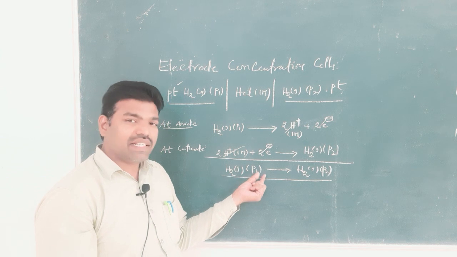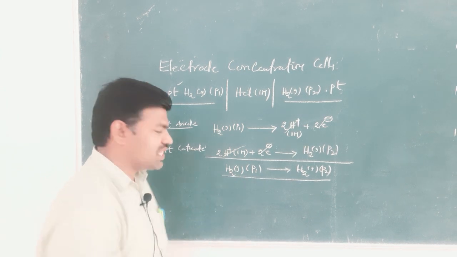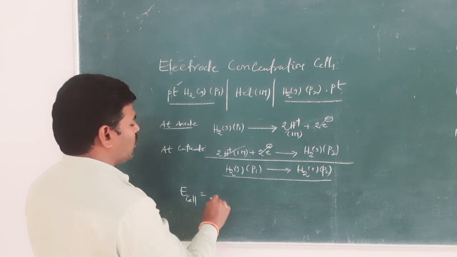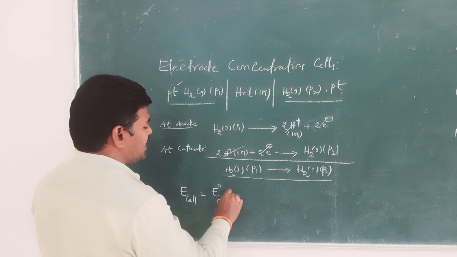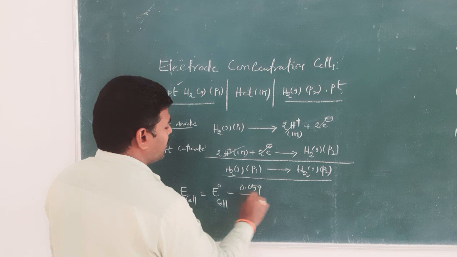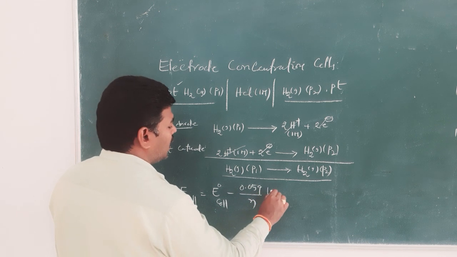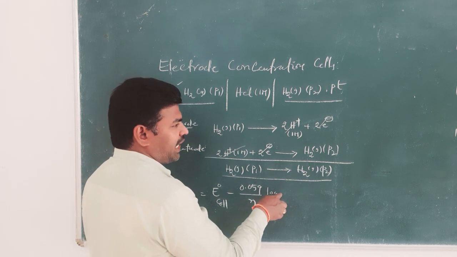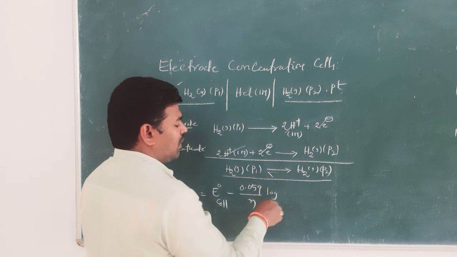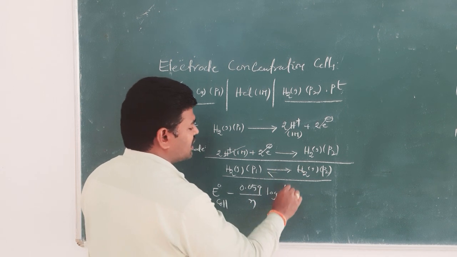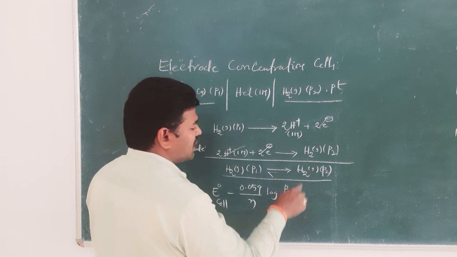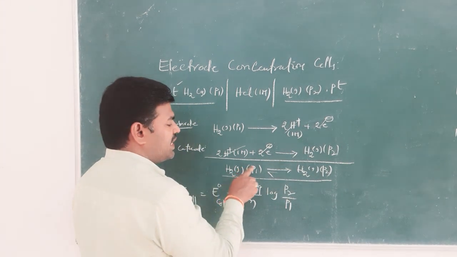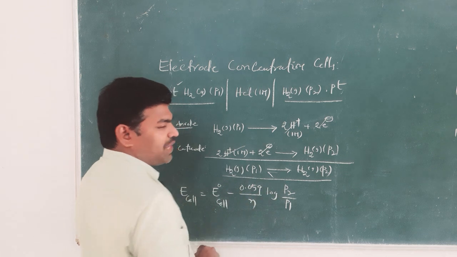So, E cell is equal to E naught cell minus 0.059 by n log K, where the equilibrium constant K is P2 by P1, because H2 is maintained at pressure P2 on one side and at pressure P1 on the other.